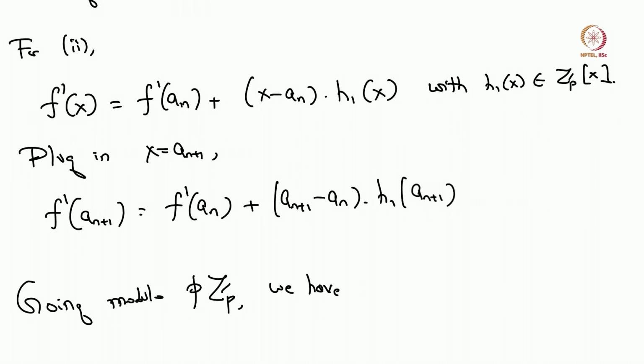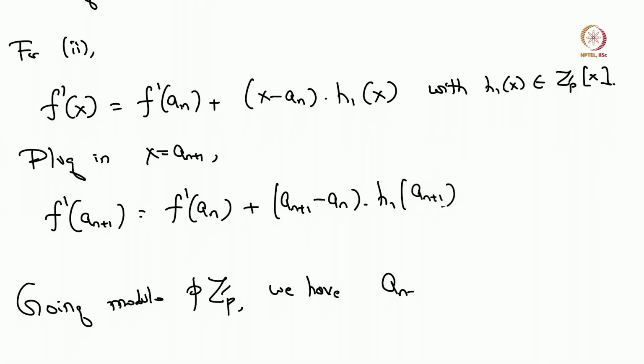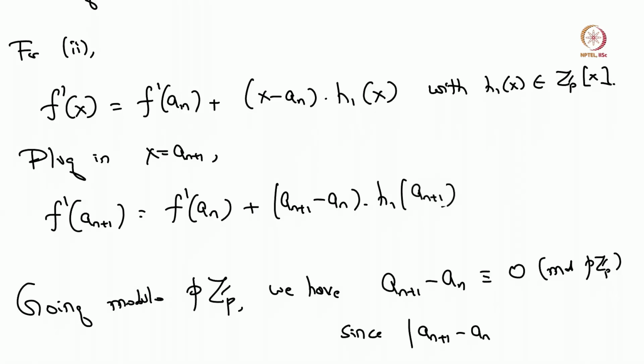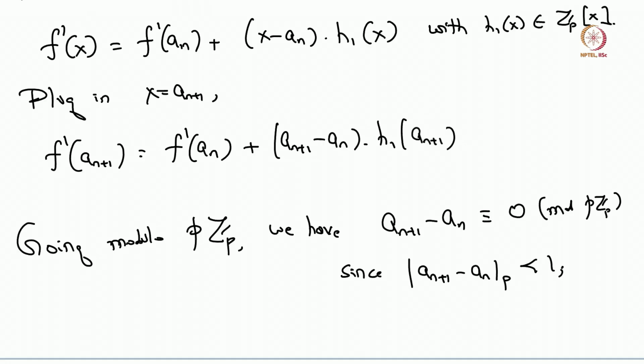We have that a_{n+1} minus a_n is congruent to 0 mod pZ_p. And why do I know that? Because by the induction hypothesis of statement n, if I take the difference and compute the p-adic absolute value, this is strictly less than 1.